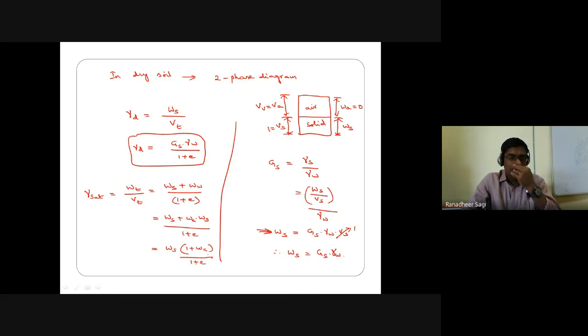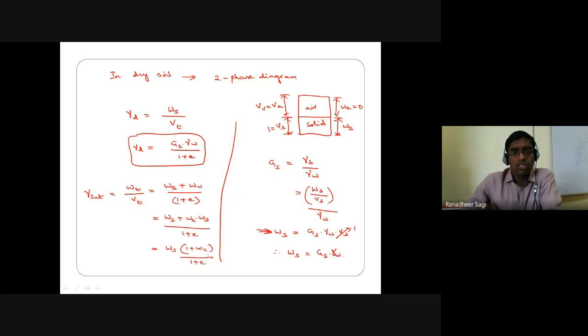Where wc, the water content, I can rewrite in terms of the degree of saturation, the specific gravity of soil solids, and the void ratio, which we have seen earlier.